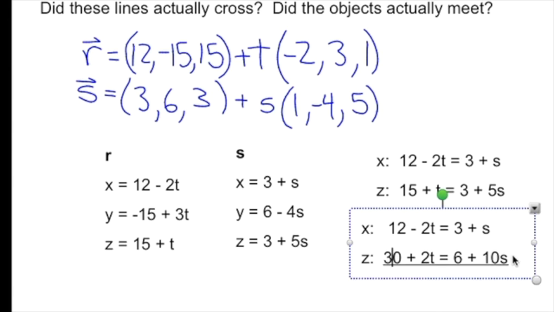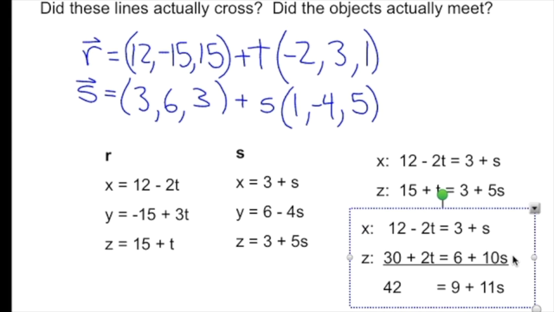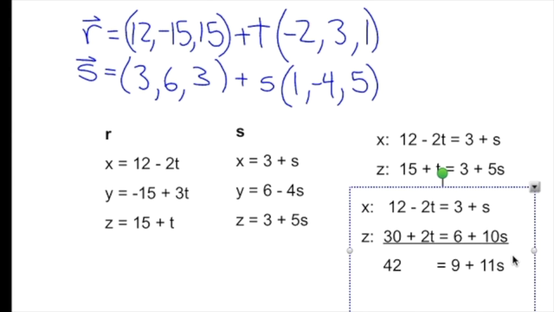Now, the reason why I did this, again, is I'm trying to solve a system of equations here. So I am going to add down here. I get 42. Notice the t's are canceled out. Equals 9 plus 11s. If I subtract 9 from both sides, I get 33 equals 11s.